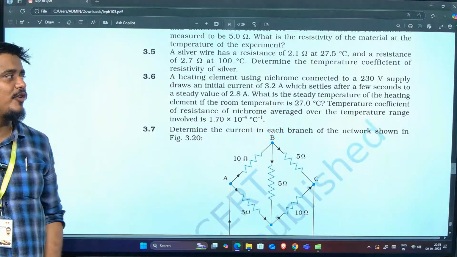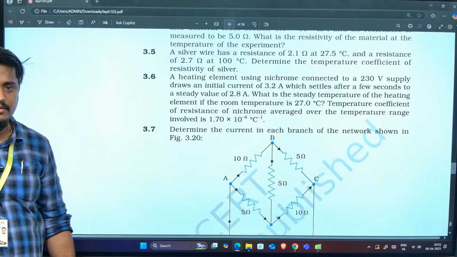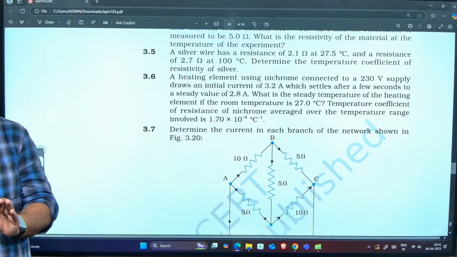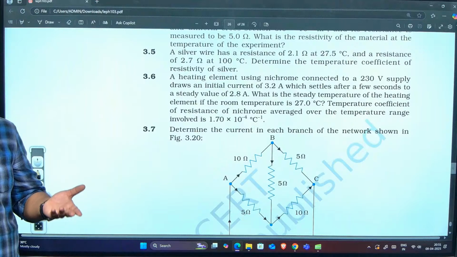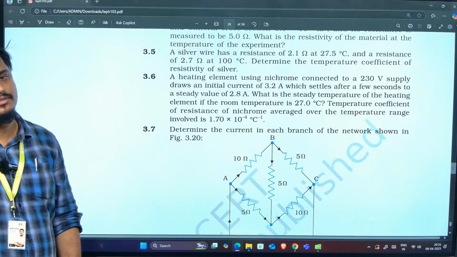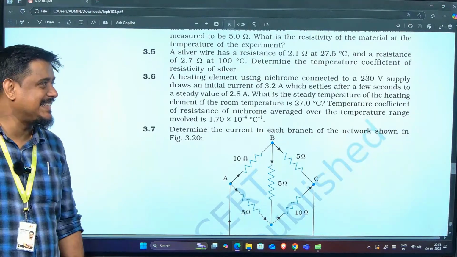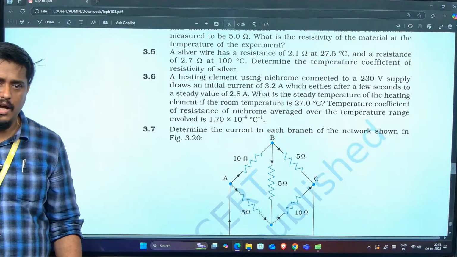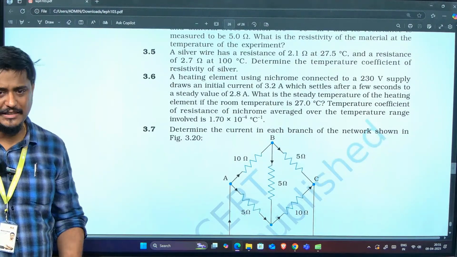So what did you take as the value of RT? 2.7. What did you take as R? 2.1. What did you take as T naught? 27.5. What did you take as T? 100. And you solved and found the value of alpha, matching with the answer given.